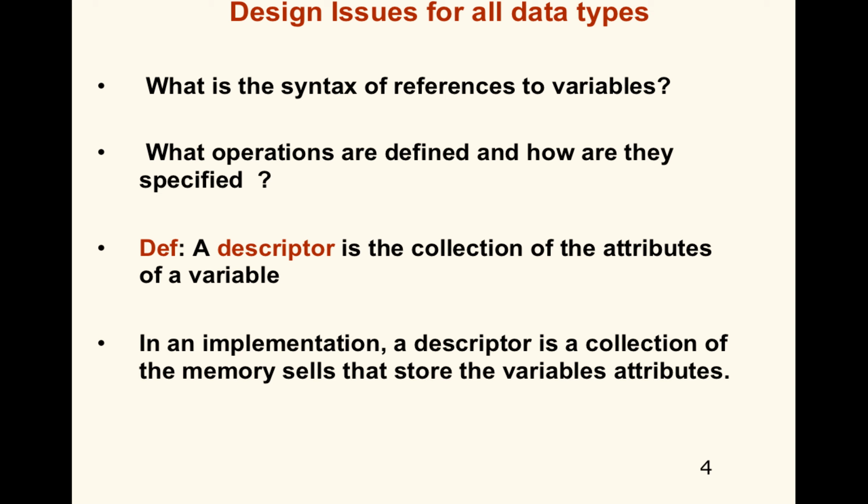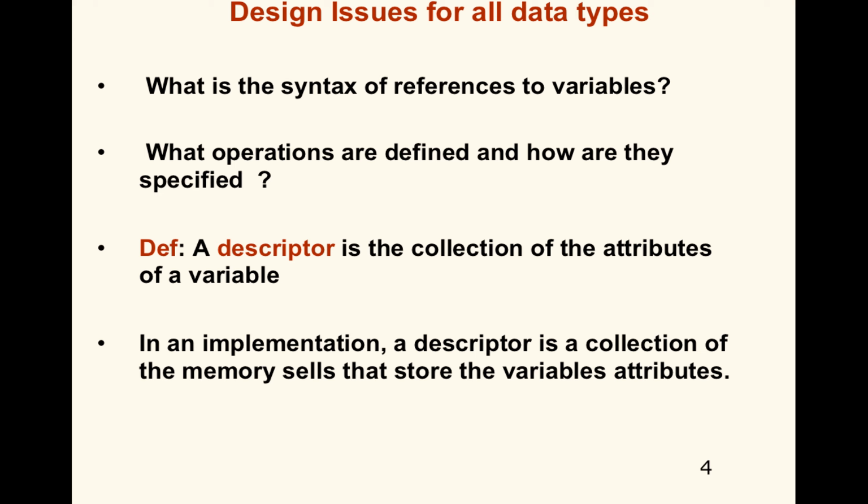If I used a concatenation with 1 and 1, am I going to get 11 or am I going to get 2? Probably going to get 11. If I concatenate the number 1 with the number 2, I'm going to get 12. And so you have to specify, if you're going to create your own programming language and create this concept of the data type, the operations that are going to be allowed.